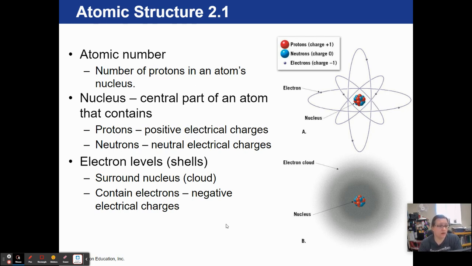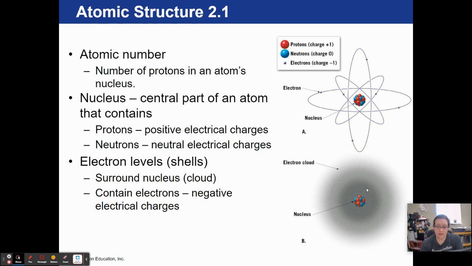So atomic number is the number of protons in an atom's nucleus. I show you here what the nucleus looks like. Here in the center, you will find both the protons and neutrons in the nucleus. But the atomic number generally reflects the number of protons. There's also a third part, a little particle in an atom called the electron.